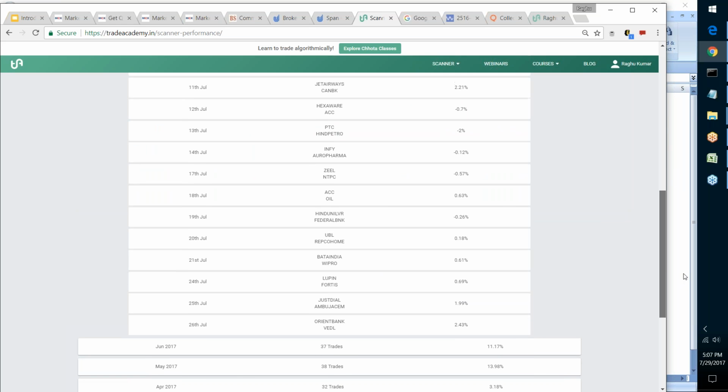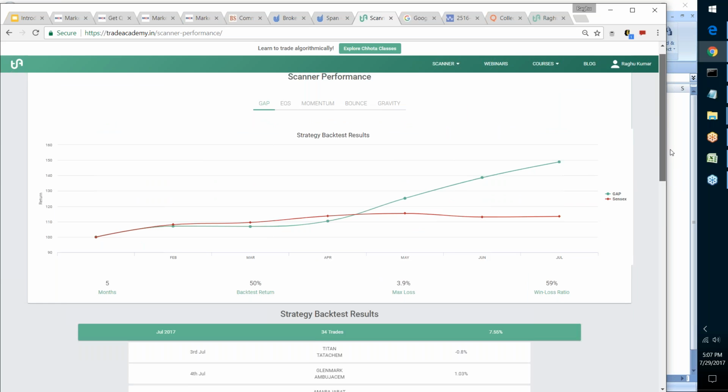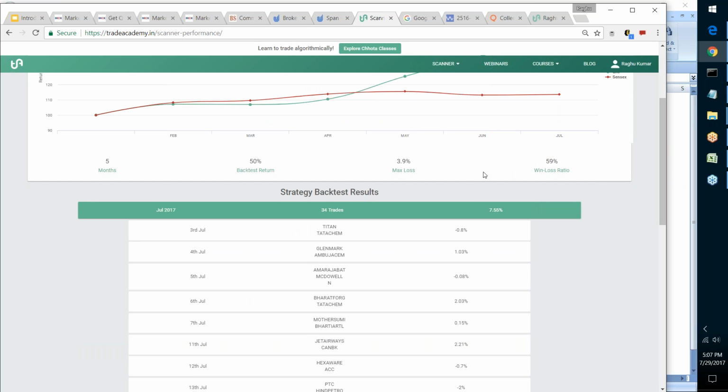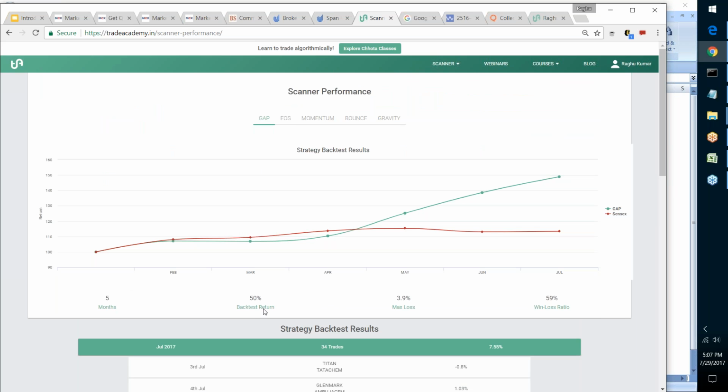If you want to use leverage, you get up to 20x in Upstox Pro. So if you're using 5x leverage, that's about 35% in 1 month. And over the past 5 months, it's returned 50% unleveraged. So if you use leverage, you would have returned 250% over the past 5 months.